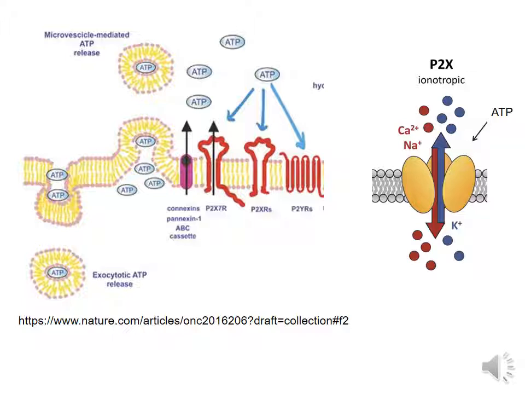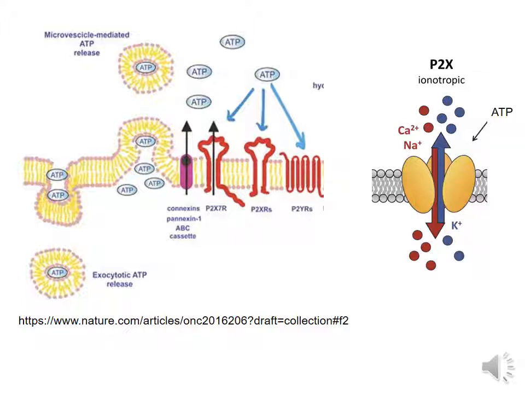Those can be affected by exocytotic ATP released into small vesicles that are released into the extracellular environment, and then microvesicle mediated ATP release. Once they are outside of the cell, these vesicles break down and release the ATP content.